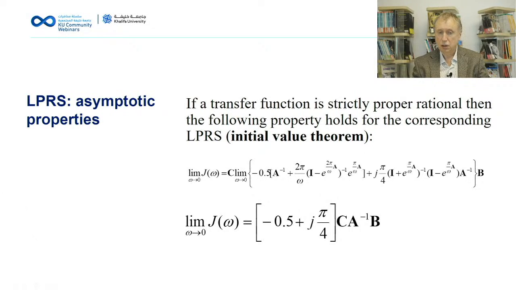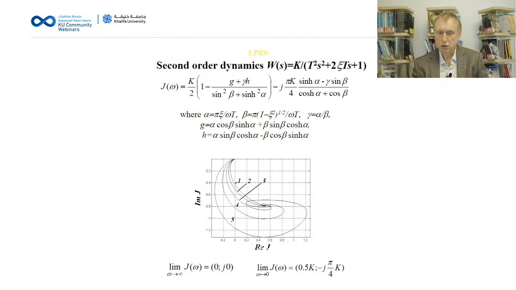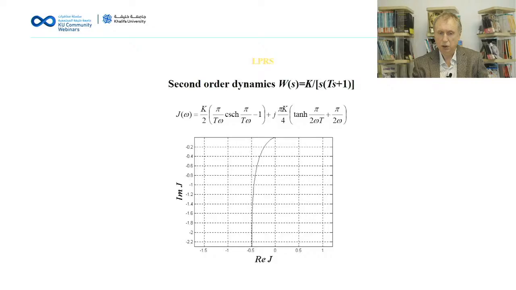We can note that for the invertible matrix A, it starts at a very specific point, because C A to the power minus 1 B is the negative value of the DC gain of the system. So if this DC gain is 1, for example, which will be the coefficient in the transfer function, then it will start at the point of 0.5 minus j pi over 4, which was shown here, for example. This is 0.5 minus pi over 4 for the imaginary part.